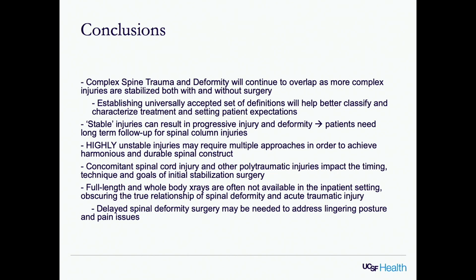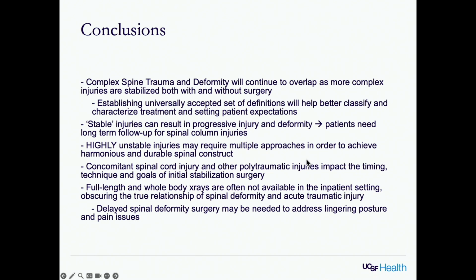Highly unstable injuries can require multiple approaches, especially in the same hospital setting, to achieve a durable spinal construct. And then concomitant injuries, in terms of other polytraumatic injuries that we are struggling with during the hospitalization, may affect your timing of whether or not they can go to the operating room early. Early is generally better, especially in patients with spinal cord injuries, from our trauma guidelines.